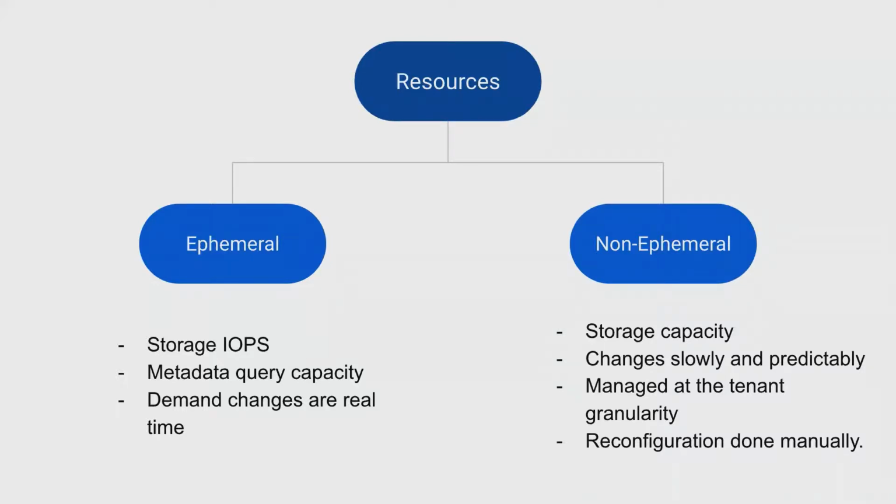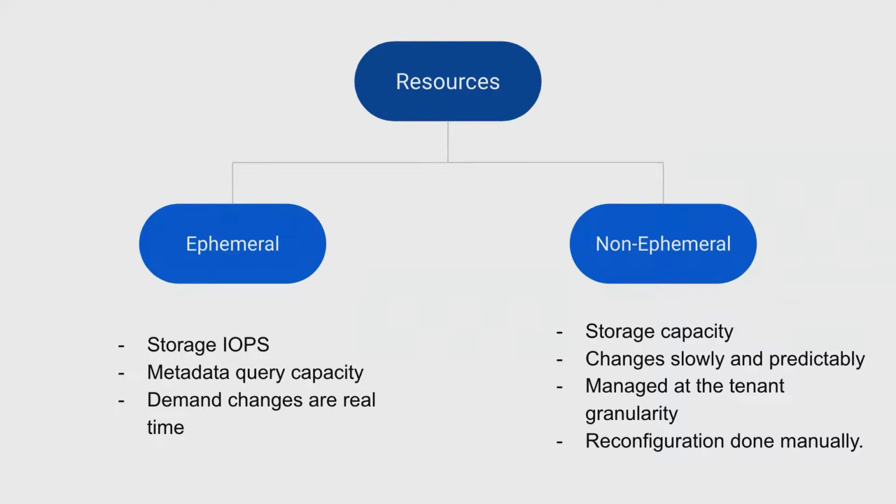For these types of resources, the demand changes are very real time, like they can change from moment to moment. The other type is non-ephemeral resources, which is our storage capacity, which changes slowly and predictably over a period of time. Tectonic manages this at the tenant granularity. And if you want to increase your storage capacity, then that reconfiguration has to be done manually.